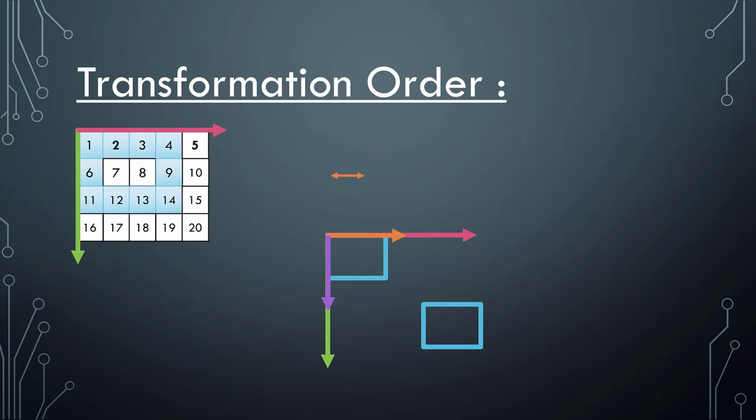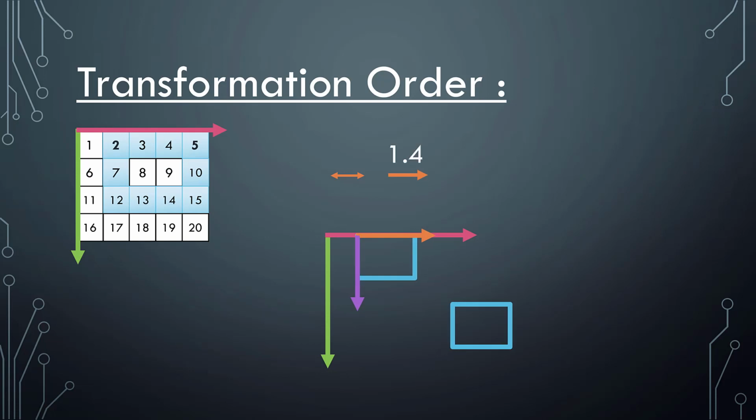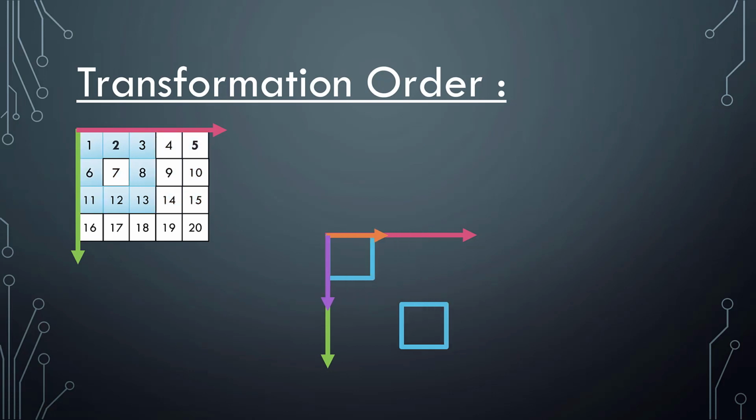Let's see how that looks in terms of 2D. So let's say we stretch it and then we move it, but we're not moving it just 1 pixel, we're moving it like 1.4, which is a little bit more, but it's not enough to actually move the pixel representation around. So that looks like that.